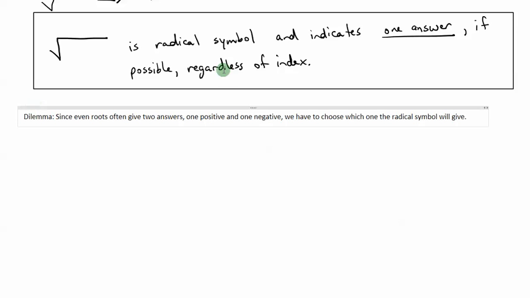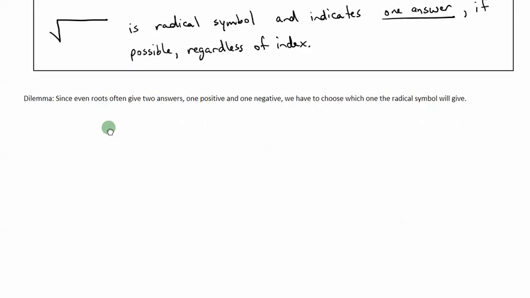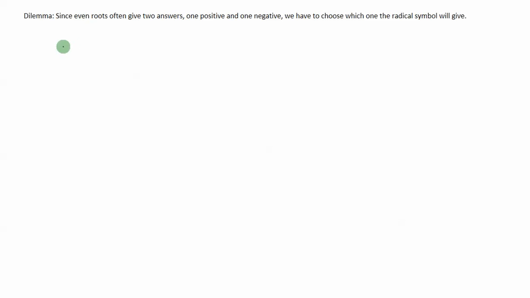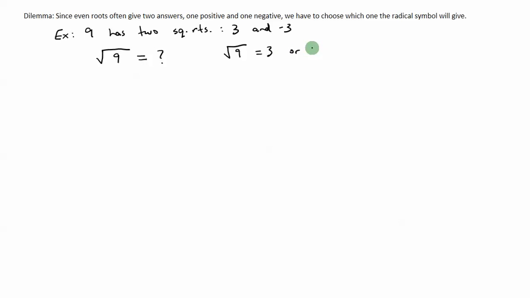So let me give you an example of what I mean by this. So we know 9 has 2 square roots, 3 and -3. So if I use the radical symbol to indicate my square root, what does it equal? Does the square root of 9 equal 3 or -3? Because we know 9 has 2 square roots.